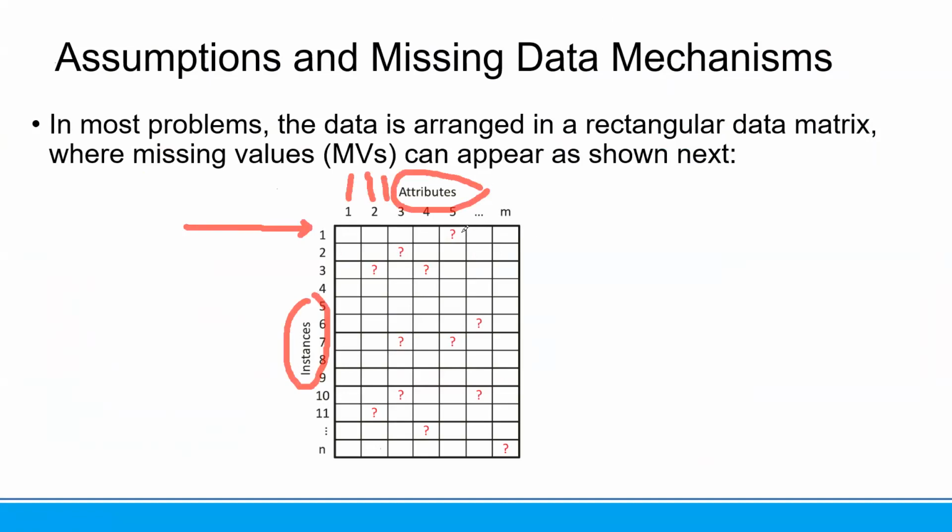The missing value is here, the missing value is here, here, here, here. If you have this kind of missing values, it will be more complicated, okay, to find what are the reasons. Is there any randomness in these missing values? Is it MNAR? Is it MCAR or is it MAR? Yeah, it is more complicated.